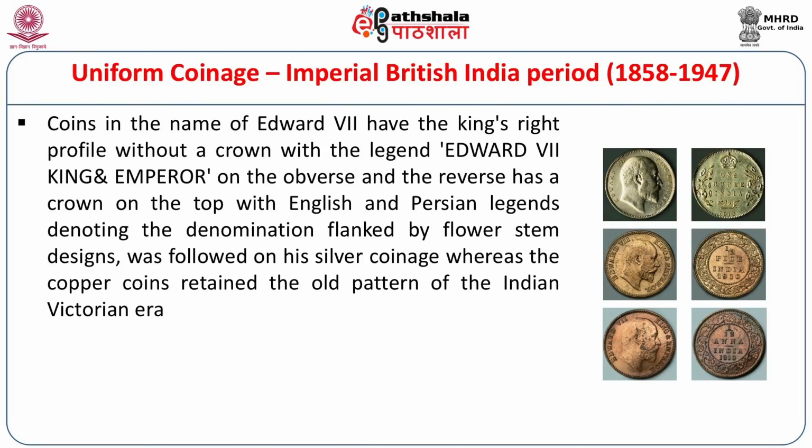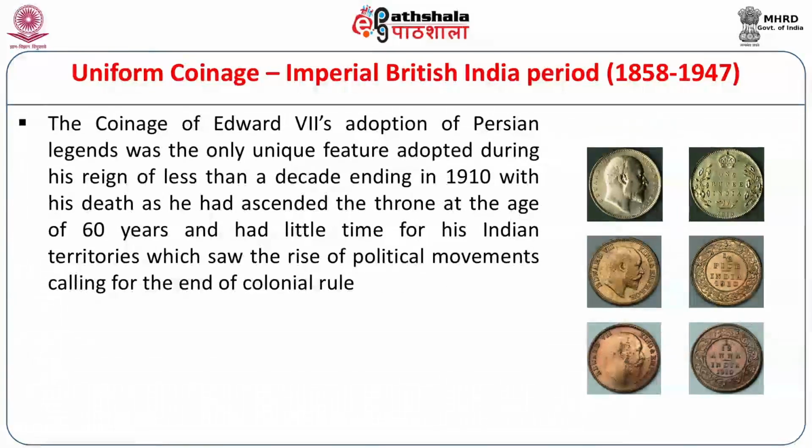This was followed on all his silver coinages, whereas the old pattern was continued on the copper coins from the Indian Victorian era. The coinage of Edward VII was continued till his death in 1910 at the age of 60. He had very little time for his Indian territories, which saw the rise of local political movements.